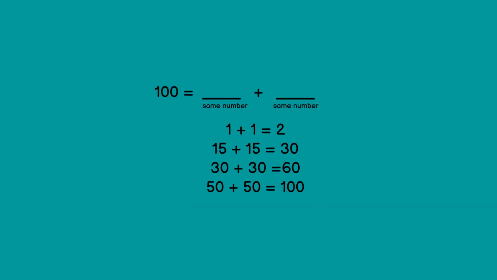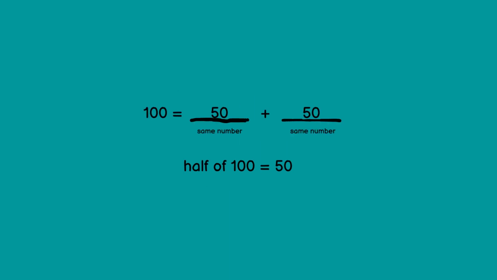Since 50 plus 50 is equal to 100, 50 is half of 100. The way halves work is if we add two of the same number, so 50 and 50 are the same, that's going to be half of 100 because half is dividing something into two equal parts.